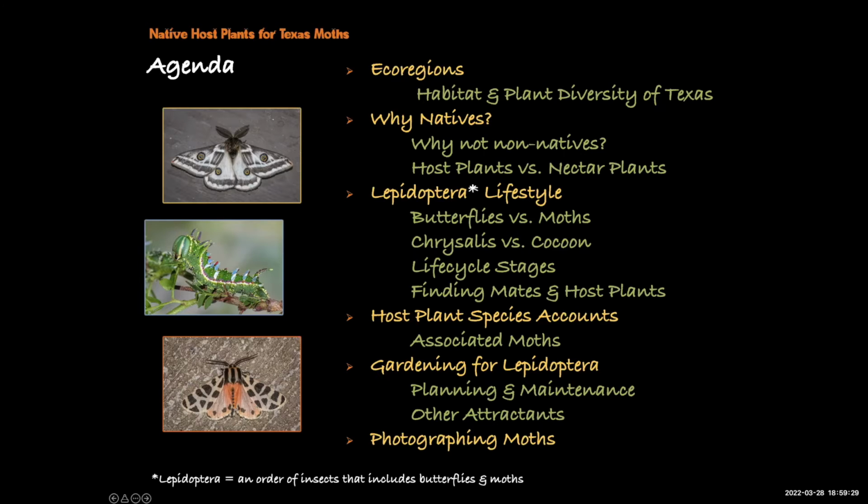And then we'll get into Lepidoptera lifestyle. Lepidoptera is defined as the order of insects that includes butterflies and moths. We'll talk about the general differences between butterflies and moths, chrysalises versus cocoons, the different life cycle stages, and how they find mates as well as host plants.